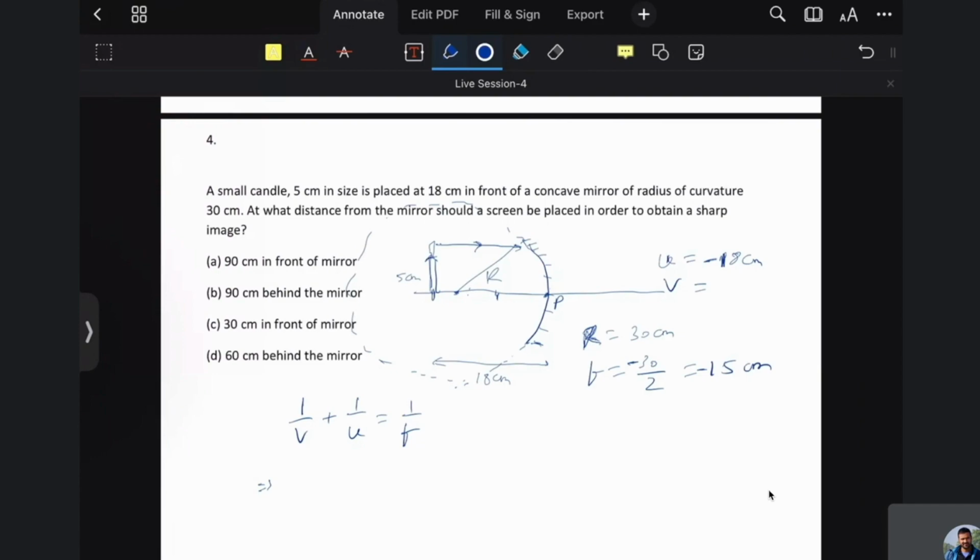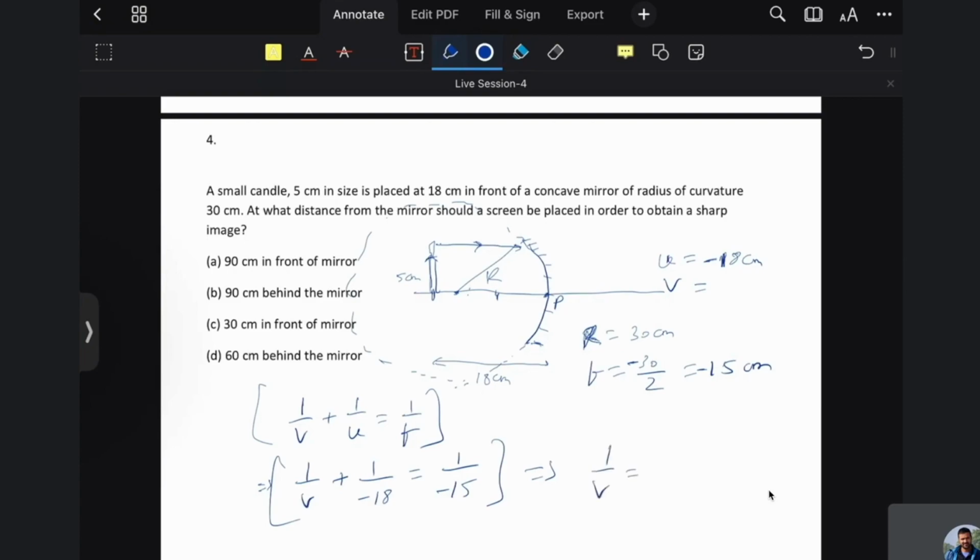This you remember, keep in mind. So now we have this mirror formula, and V is unknown, and we know U is minus 18 centimeter and F is minus 15 centimeter. You can solve this.